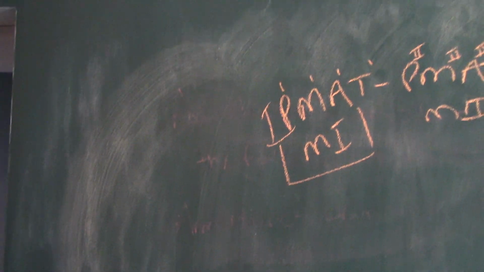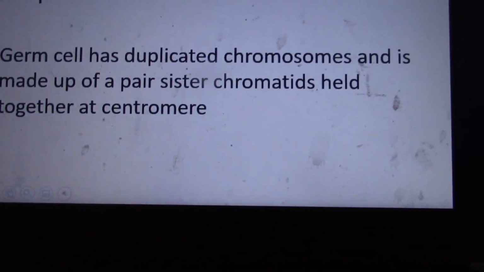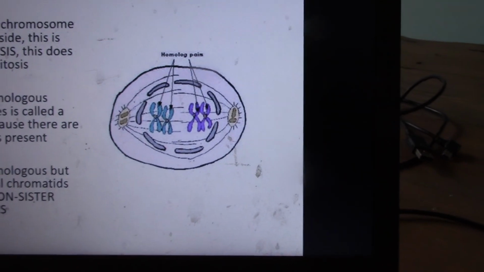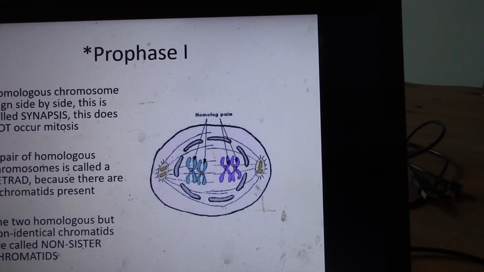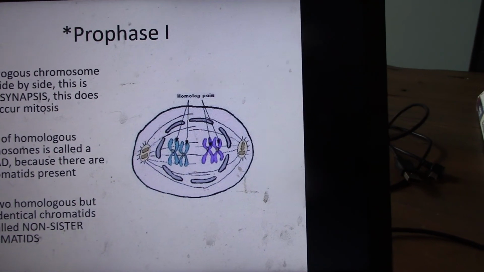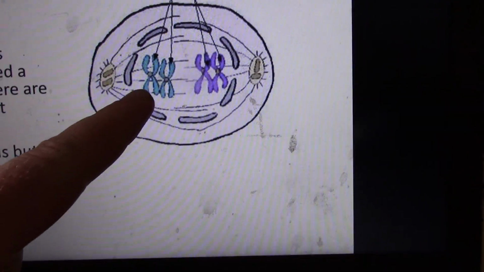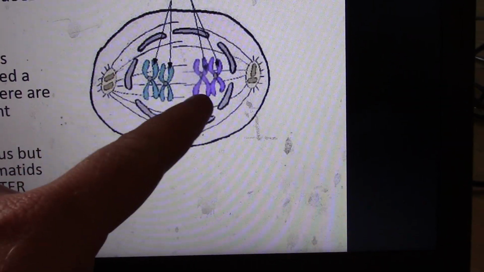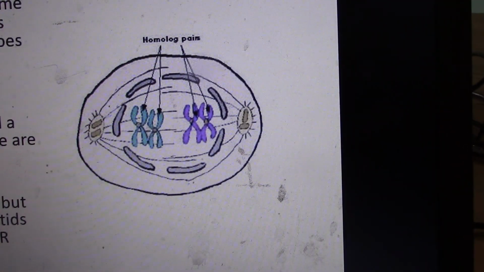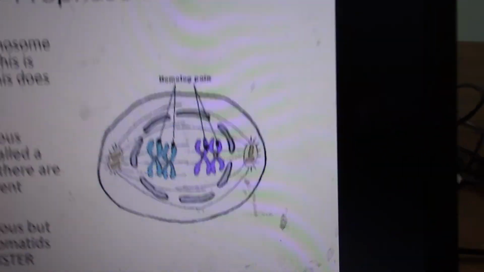In your notes here, let's look at the stages. This is very different. In prophase 1, you have this organization of cells where the homologous chromosomes actually line up side by side. That does not happen in mitosis, and this is called a tetrad.